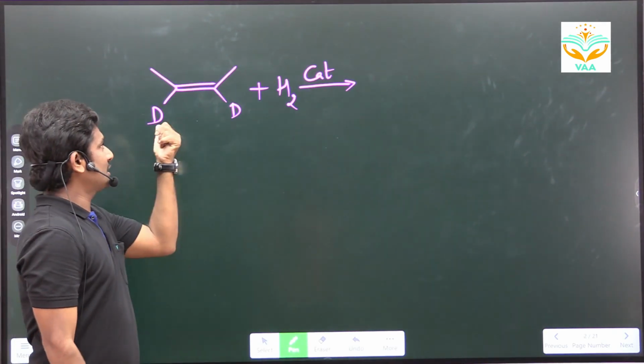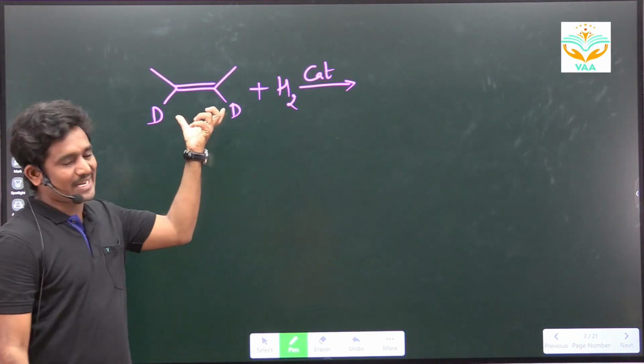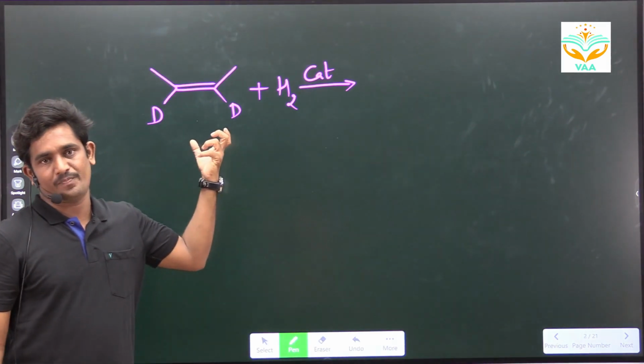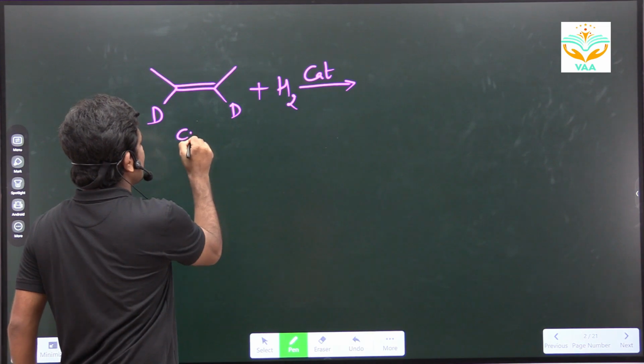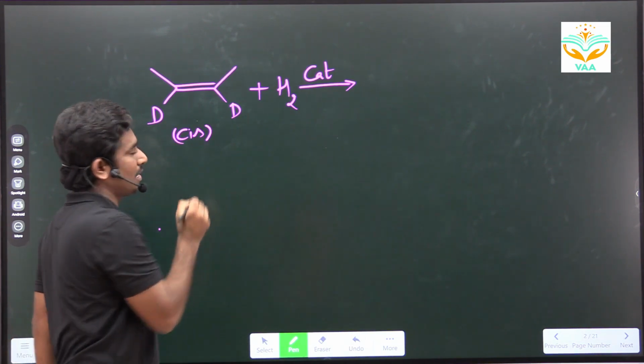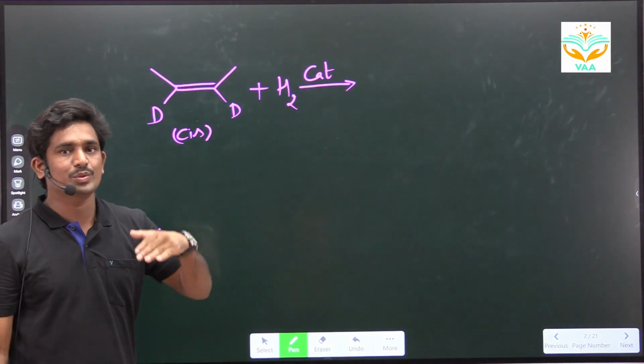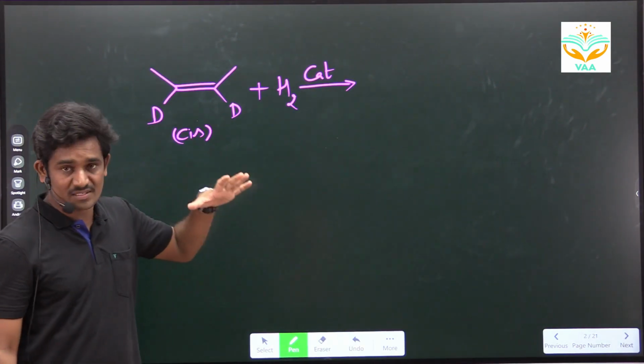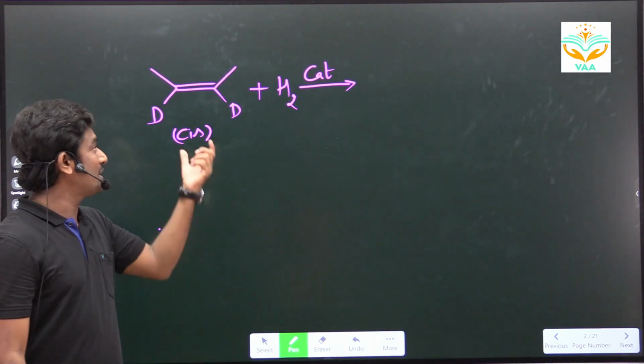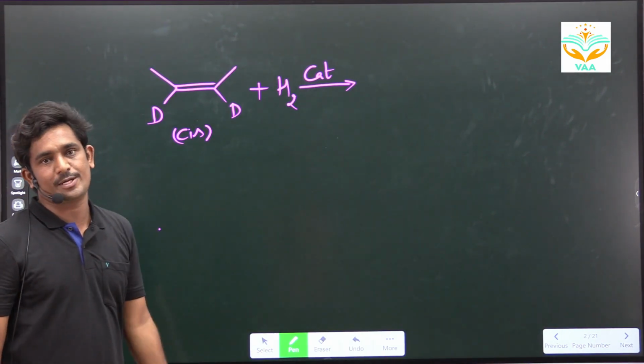Why is it cis? Both are on the same side. The like atoms on the same side is called a cis alkene. Okay, it is called a cis alkene. This you will study in geometrical isomerism. Those who don't know whether it is cis or trans, don't worry, that you will study in geometrical isomerism.